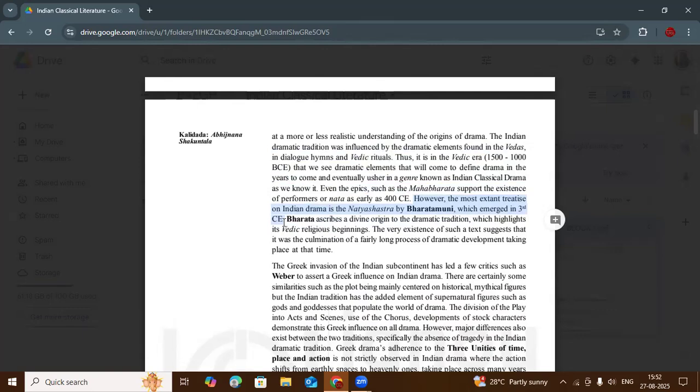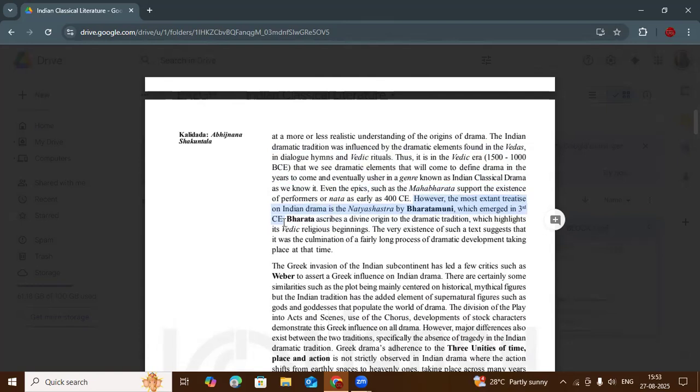So the most important surviving text, treatise means text, on Indian drama is the Natya Shastra written by Bharata Muni. It was composed around the 3rd century. The word extant means still existing today.